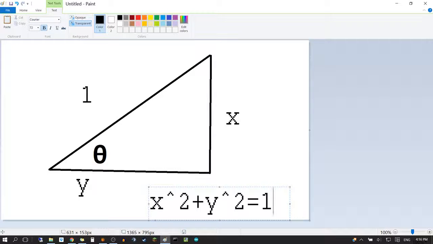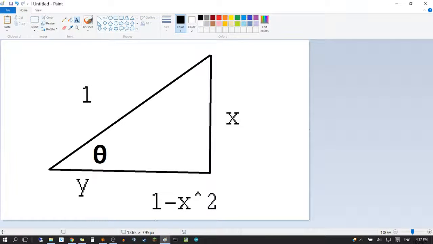Well, we want to know what y is, so we have to subtract x squared to the other side. So we get y squared is equal to 1 minus x squared. And we take the square root of both sides. So that gives us that y is equal to the square root of 1 minus x squared.